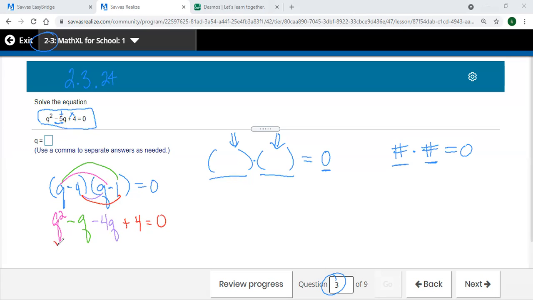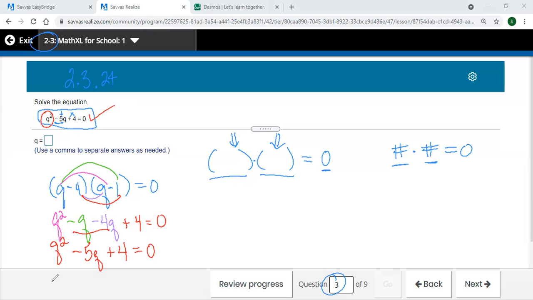So that's q squared, check. Negative q and negative 4q here makes 5 negative q's when you put them together with the distributive property. And then we've got that little 4 sitting out there. So that looks like it equals our original problem.